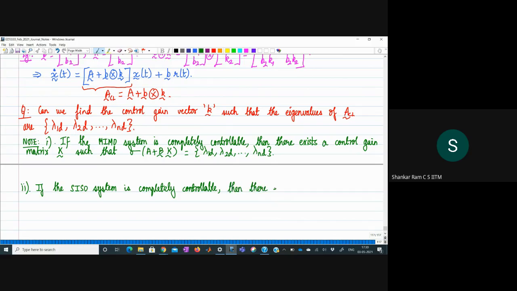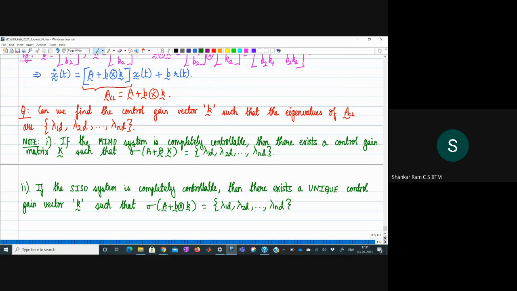There exists a unique control gain vector K such that the spectrum of A plus B outer product K is equal to lambda 1 desired, lambda 2 desired, all the way till lambda n. So the key word here is unique.